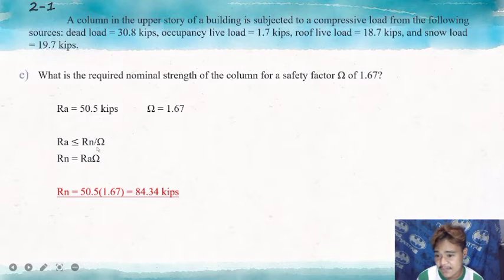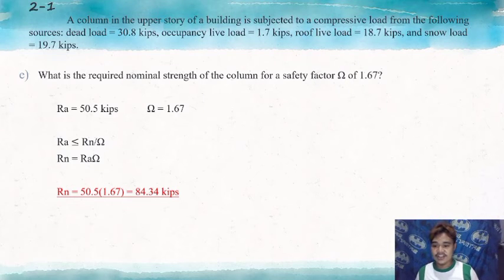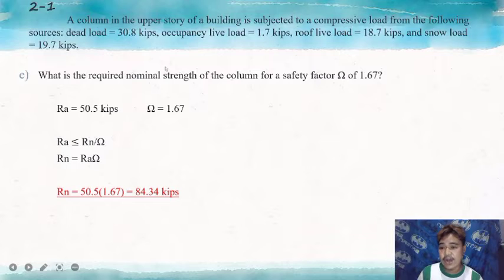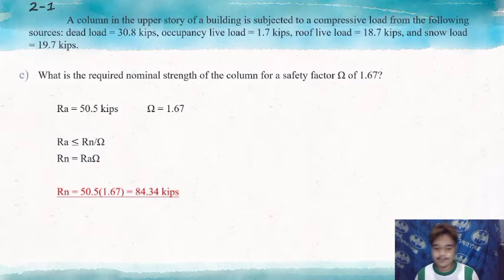Just manipulate the formula and we get the nominal strength is equal to required strength times safety factor, which is 50.5 times 1.67, equal to 84.34 kilopascals. So our required nominal strength is 83.34 kilopascals.